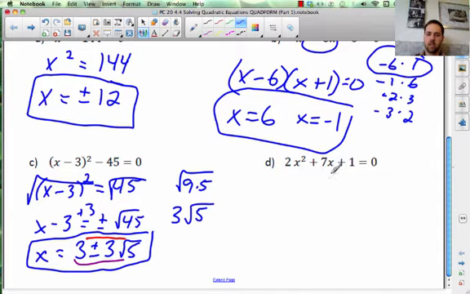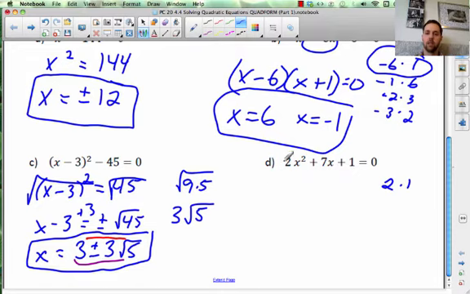Okay, so let's take a look at this one. Now, normally we'd want to factor this 2 out, but we can't because 7 doesn't divide by 2 and 1 doesn't either, so it would give us something really ugly. So we could use one of two methods here. 2 times 1 is 2, and you could come up with the factors of that, which are 2 and 1, and that's basically it.